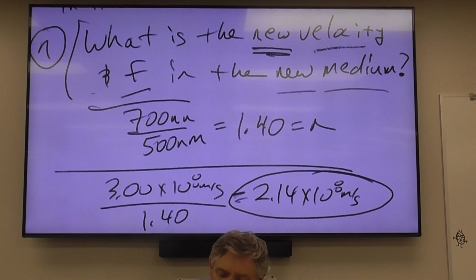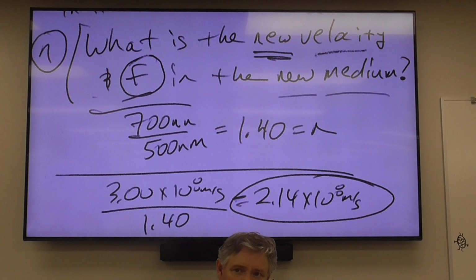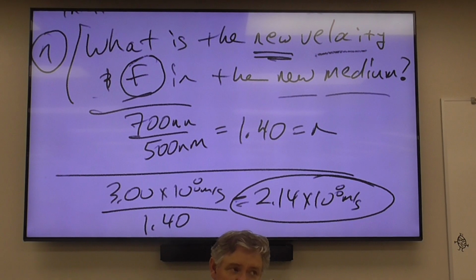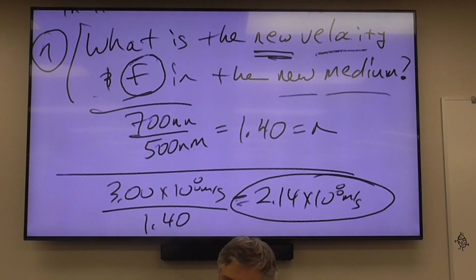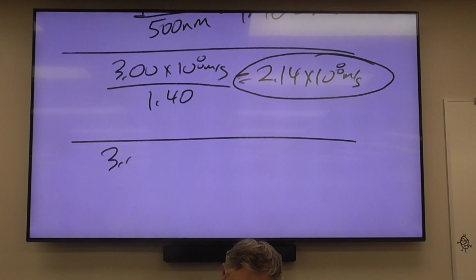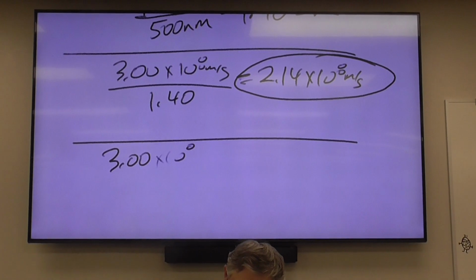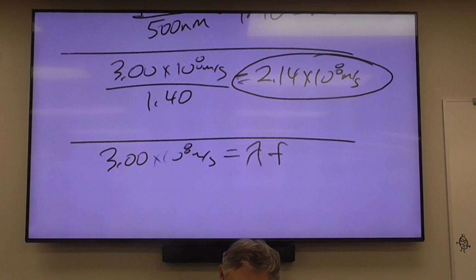Now, I want to find the frequency in the new medium. There's a couple ways you could do this. Is your frequency going to change? No. So one option is that you just take the speed of light, which equals wavelength times frequency.